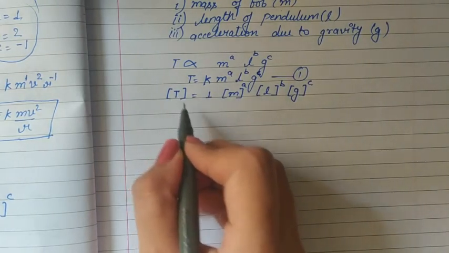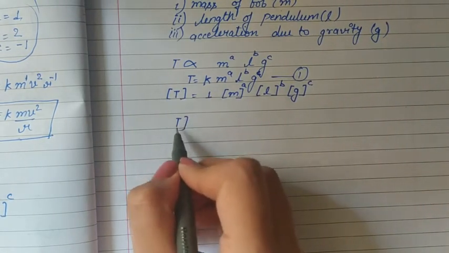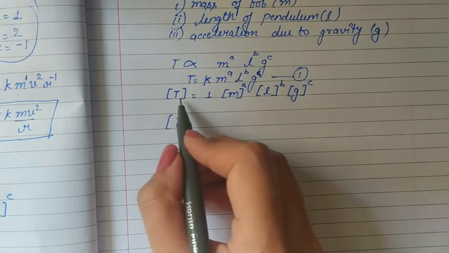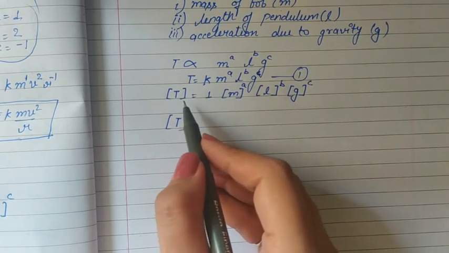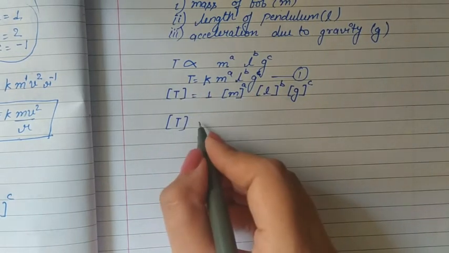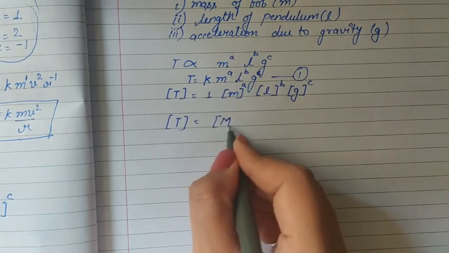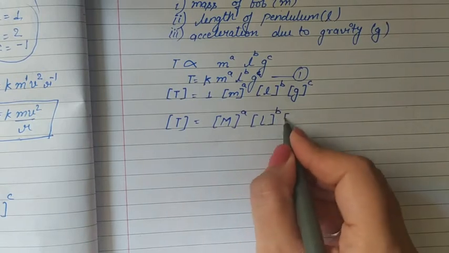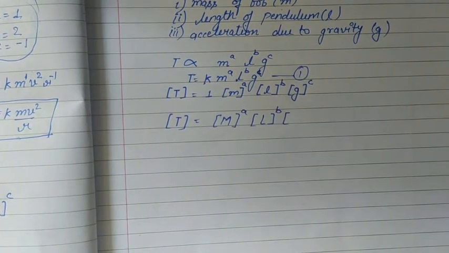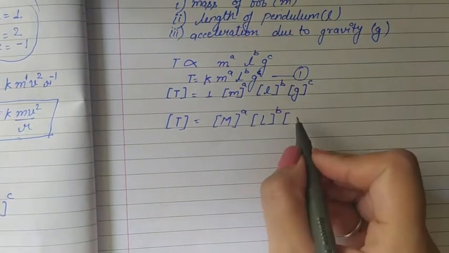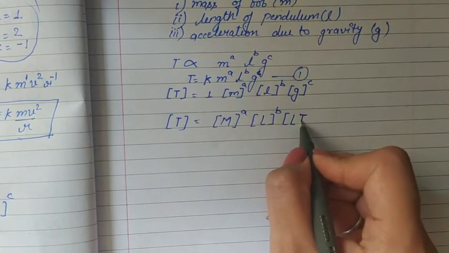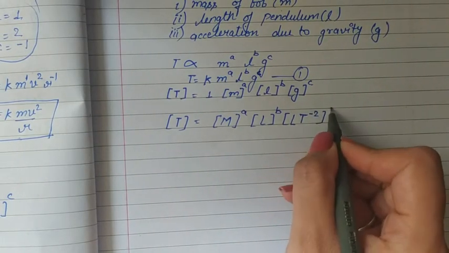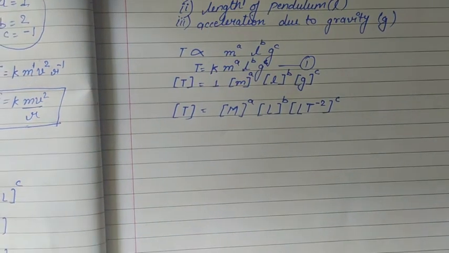So now this time period has dimension T only, there will be no change. Time period's symbol is T and its dimension is also T. For mass it is capital M, power is a. For length it is capital L, power is b. For g, now g is acceleration due to gravity, it is an acceleration, so its dimensions are LT minus 2, those of acceleration, LT minus 2 power c.